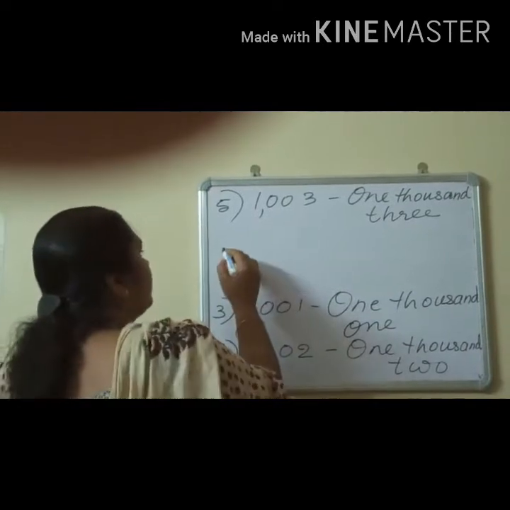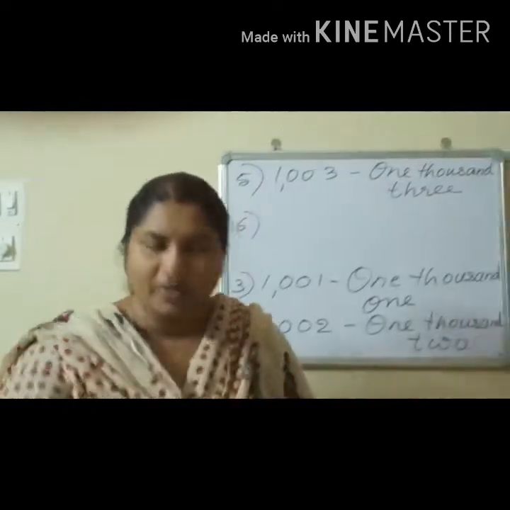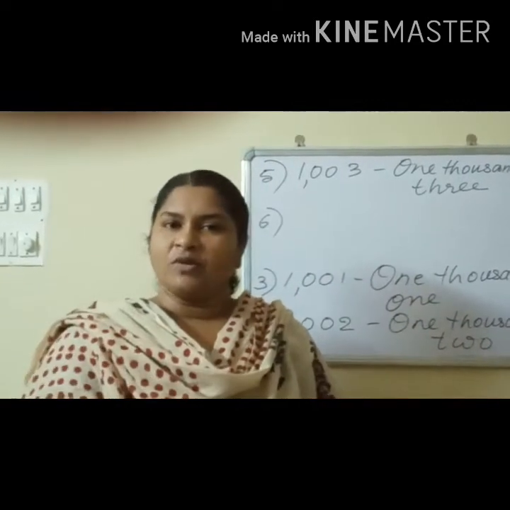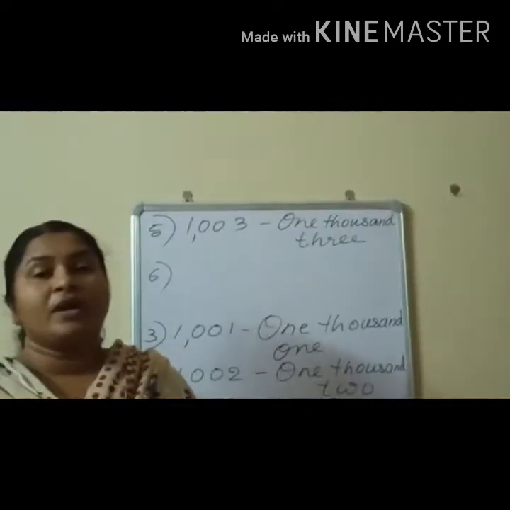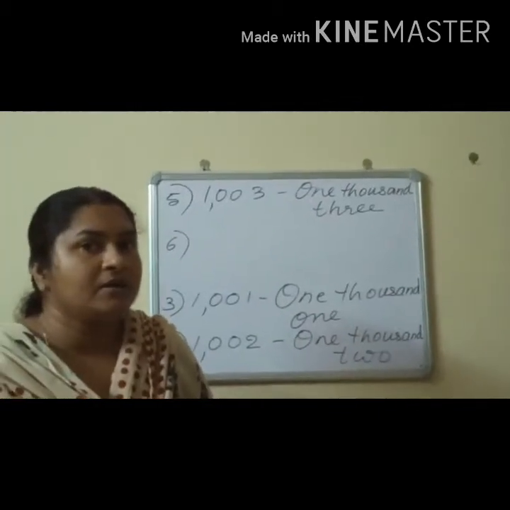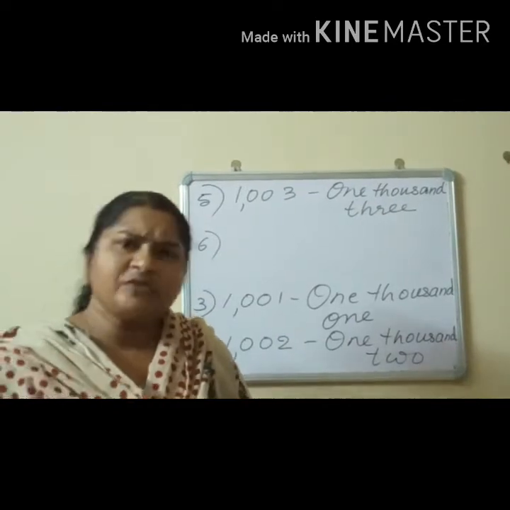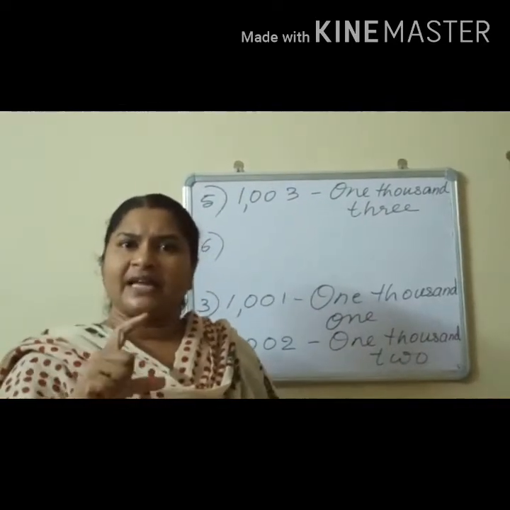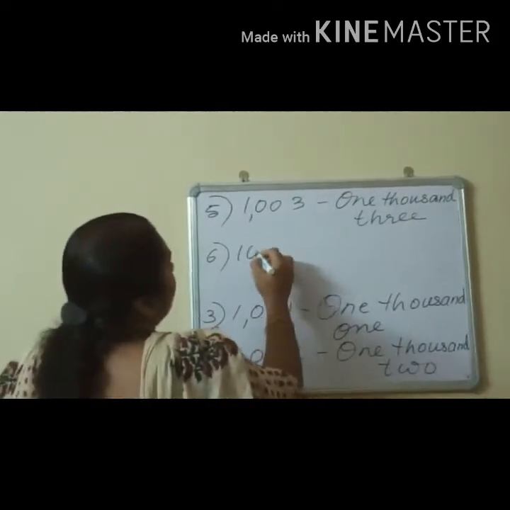Then what number comes? 1004, 1005, 1006, 1007, 1008, 1009. After 1009, what do we have? After 9, what do we have? 10. So 1010. That how to write I will show.